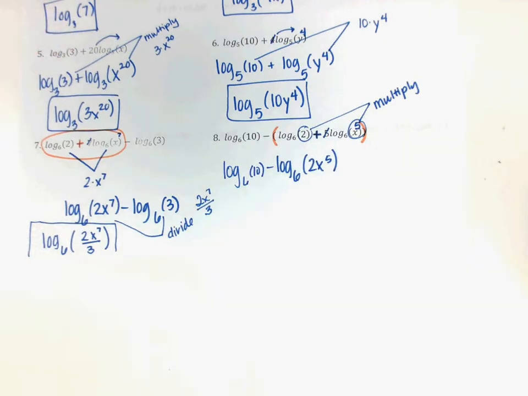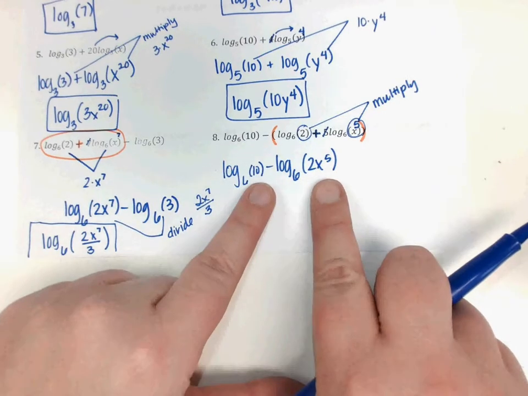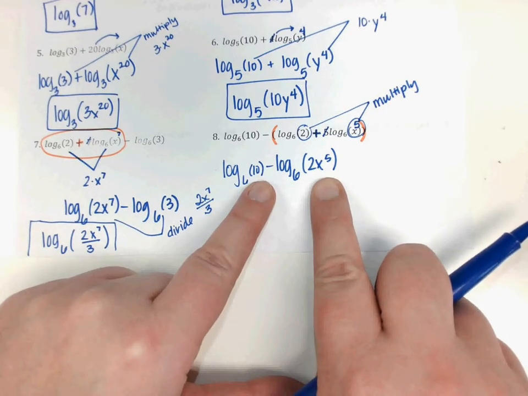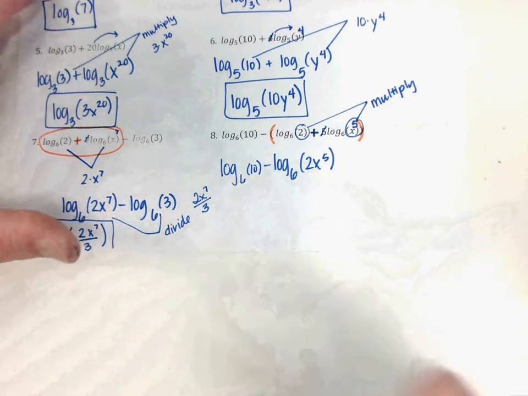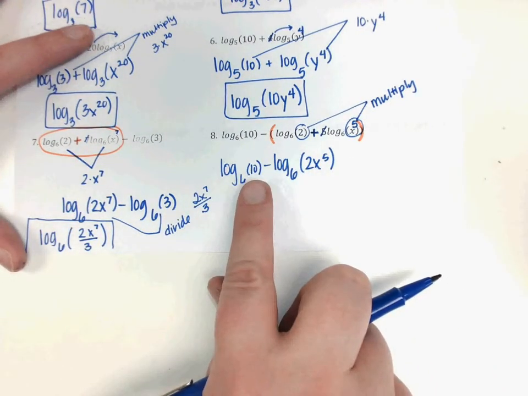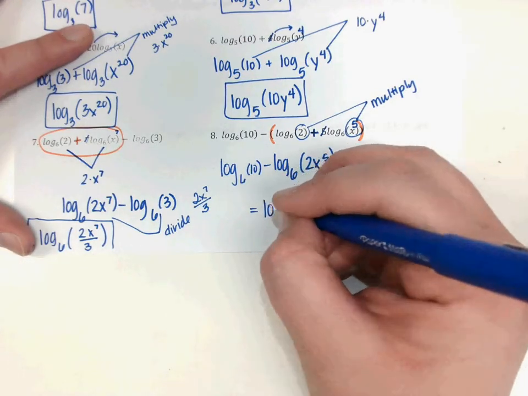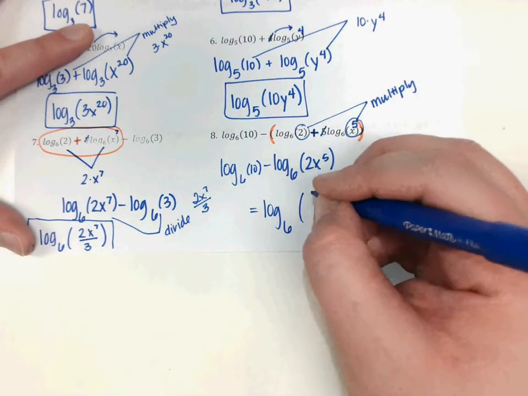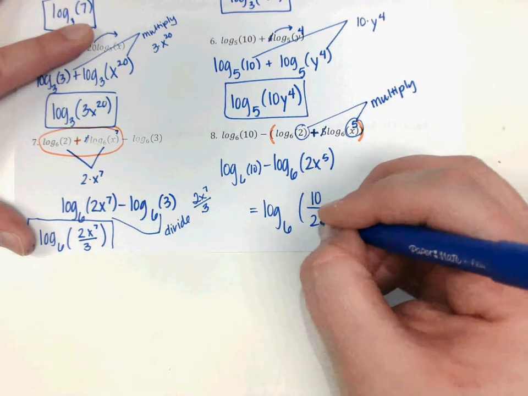So after I combine the parentheses first, now I need to do the subtraction. What does subtraction tell me to do with these two? To divide. And remember your order, you always put the first log on top. So that's going to be log little 6 of 10 divided by 2x to the 5.